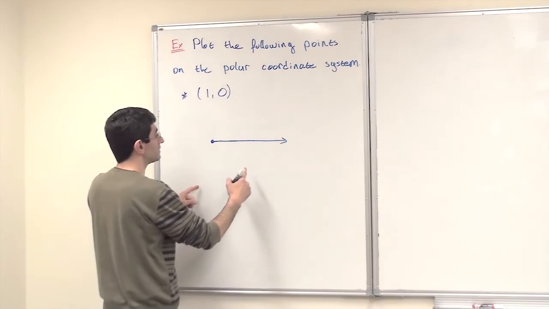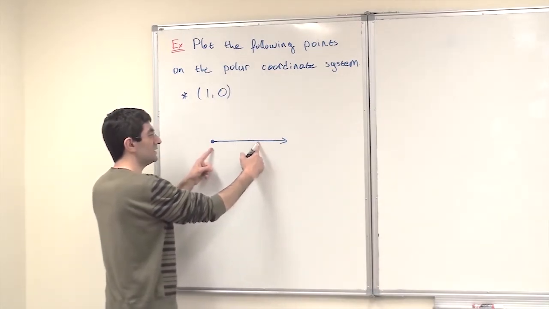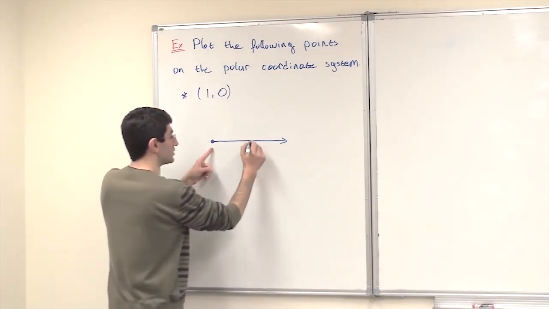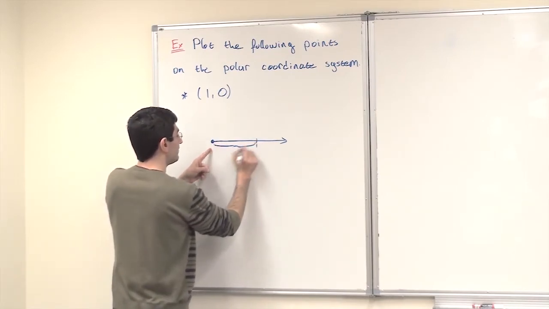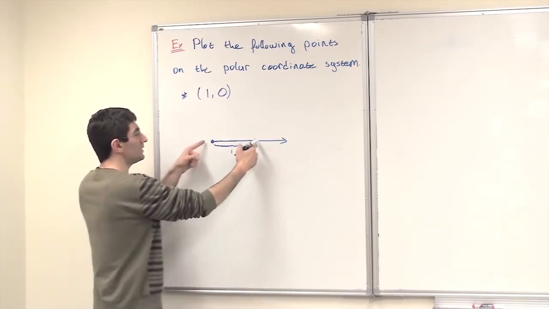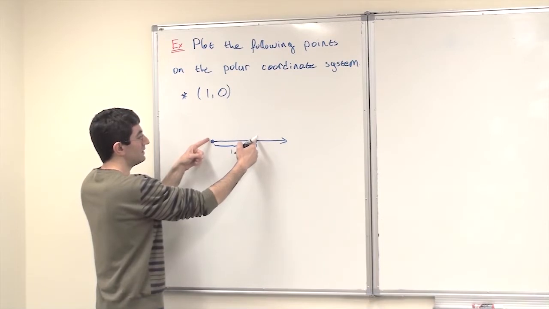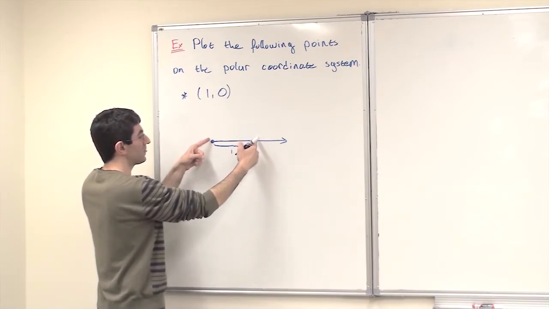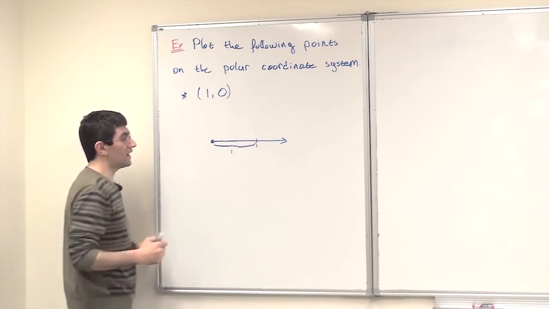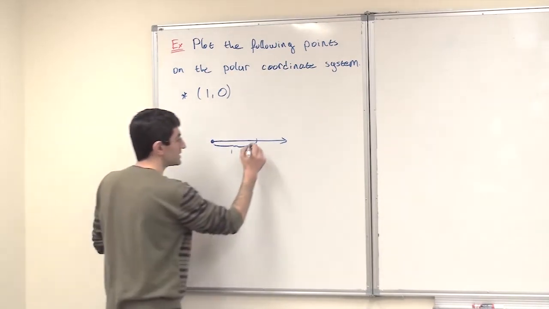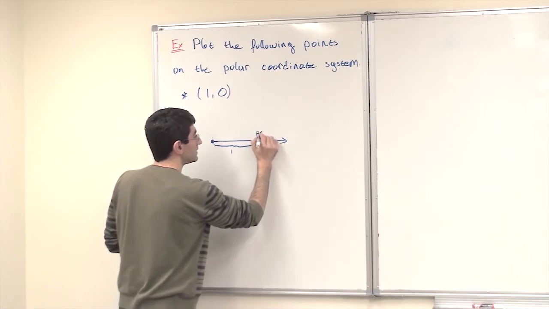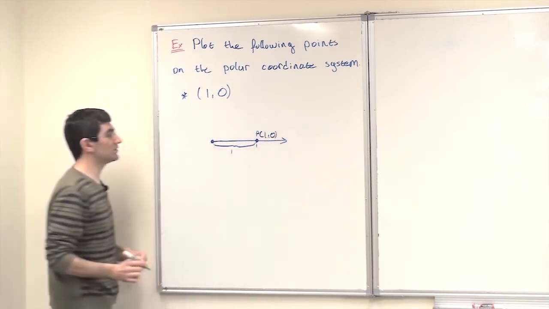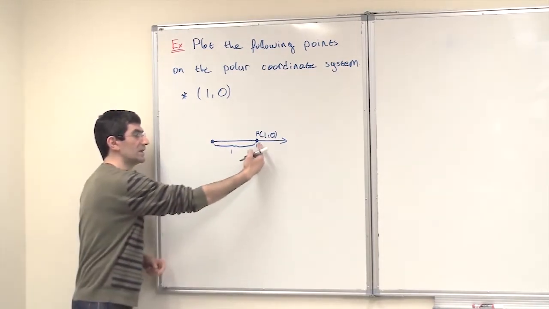Then on the initial ray, we measure the distance 1 to the origin. And then we rotate this distance by the angle theta in the counterclockwise direction. However, in this case, our angle is 0, which means there is no rotation. So our point 1, 0 in polar coordinate system is this point.